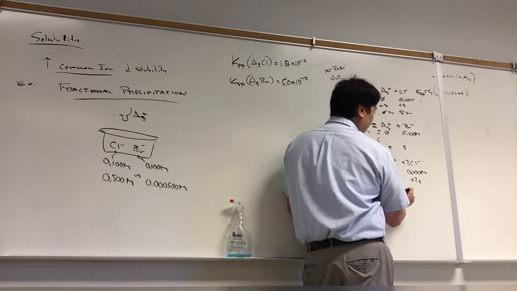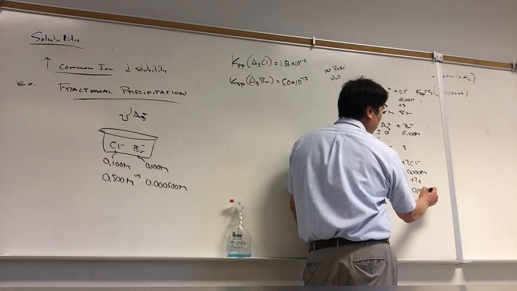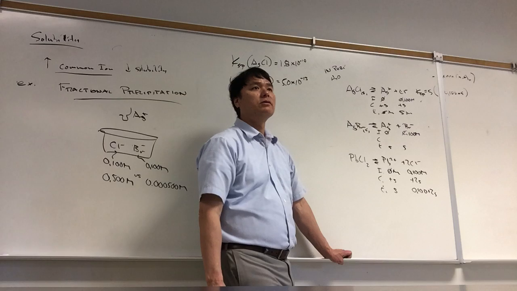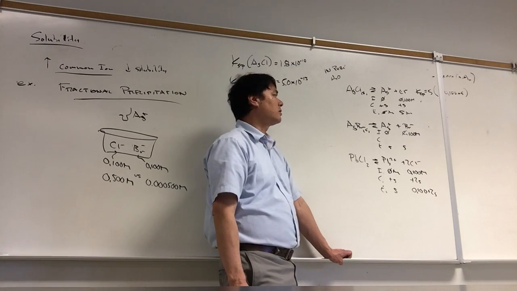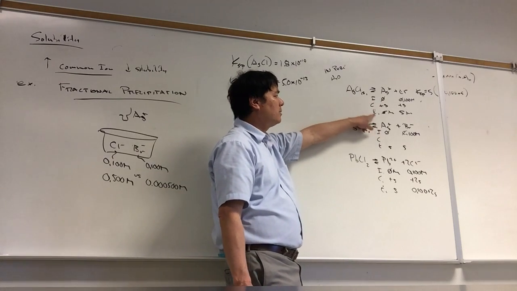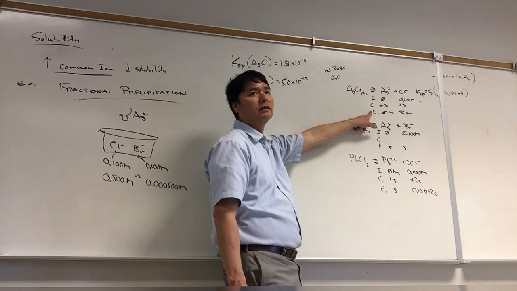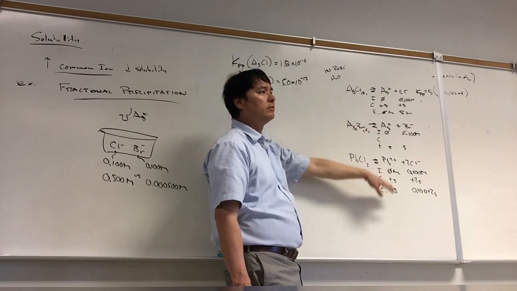And so at equilibrium I'm going to have S and then 0.100 plus 2S. And so this is a slightly different equation, which means the solubility impact is going to be different. But these two are going to yield the same equation. That means the solubility impact is going to be the same for both of these, right? This one will be different.